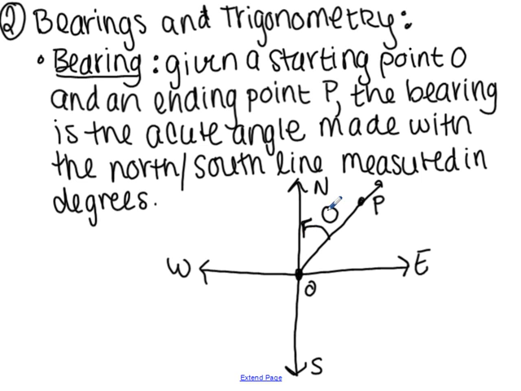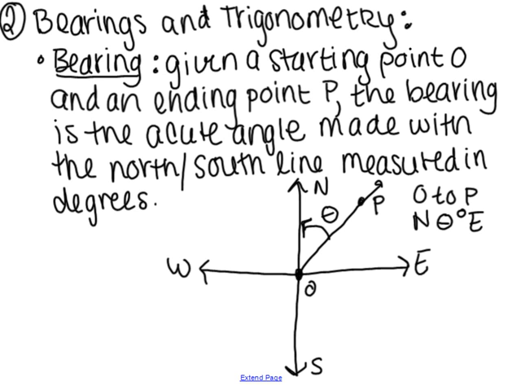If it is given to us, it makes our lives easier. And the way we say this is from O to P. We first indicate whether it's north or south. This is north, so north. Then our angle, which is theta, and it's in degrees. And then we decide if it's west or east, and in this case it's on the east side, so it would be east.